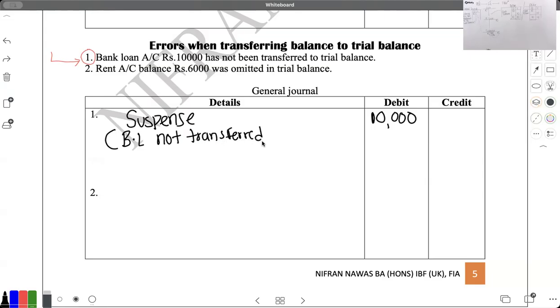Bank loan not transferred to TB was corrected. That's your answer. Okay. Can you do question number 2 for me? Can you give me the answer, please?